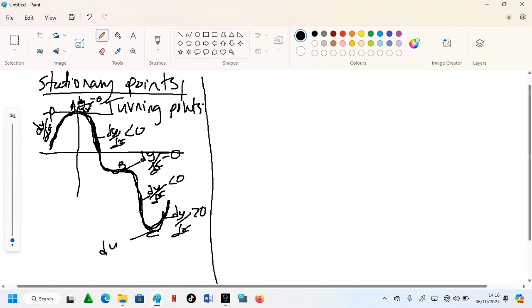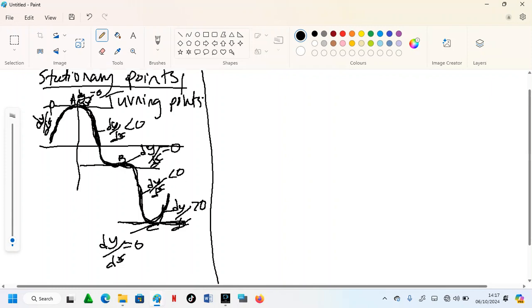Then of course dy dx here is 0. What I'm doing is, at any particular turning point, dy dx is 0. Why is it 0? Because there's a little bit of a straight line there, right? The tangent there is horizontal, and when the tangent is horizontal, any horizontal line has its gradient as 0.